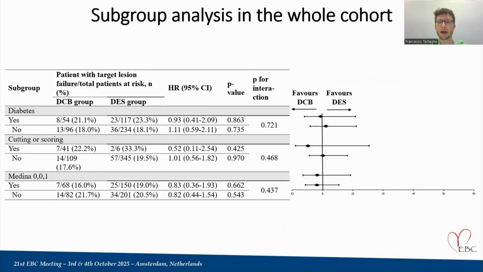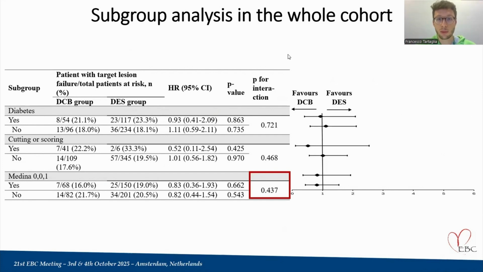We performed several subgroup analyses, but for the topic of today, we have seen that in the Medina 0.0.1 group, there was no different result as compared to the other Medina kinds of lesions.